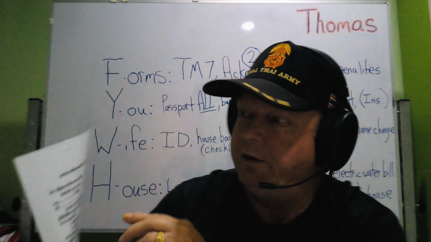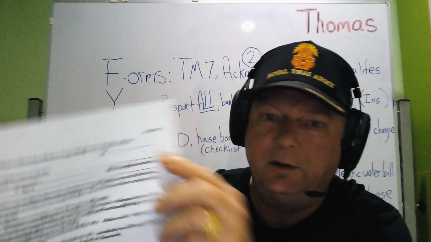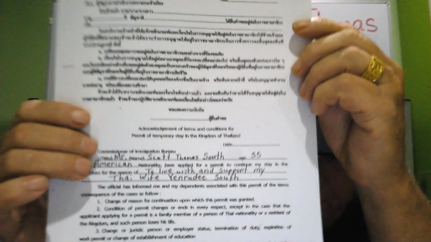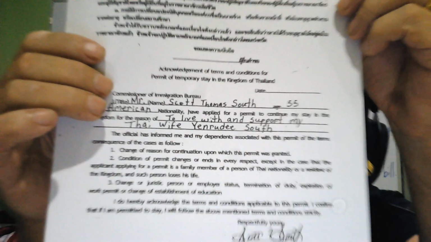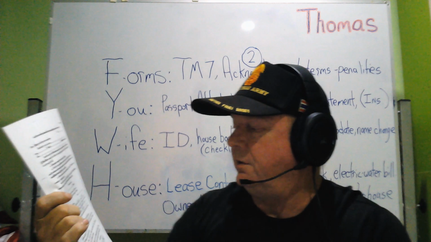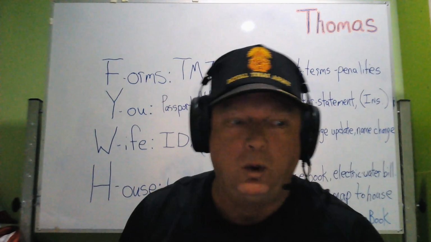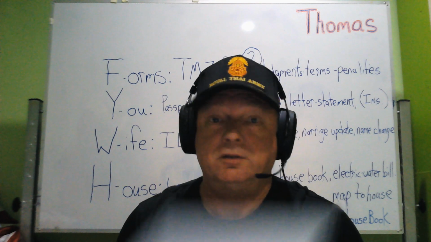As far as I know, this form doesn't really have a number. It's in Thai. It does have a 2 up there, but just remember it's the acknowledgement of the terms and conditions. All you're saying is the exact same thing you said on the TM7. Why do you wish to have an extension, okay?